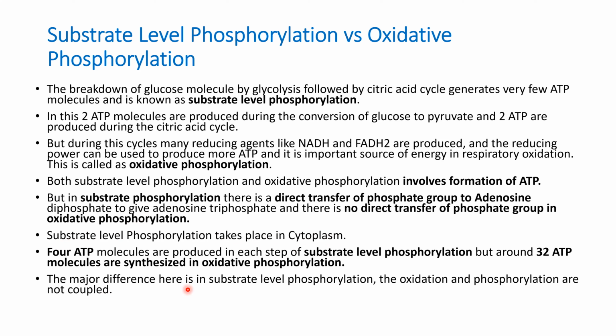The major difference is that in substrate level phosphorylation, oxidation and phosphorylation are not coupled, while in oxidative phosphorylation they are coupled, simultaneous activities, where phosphorylation is facilitated by the oxidation and reduction process, the redox activity. That's why this is called oxidative phosphorylation.